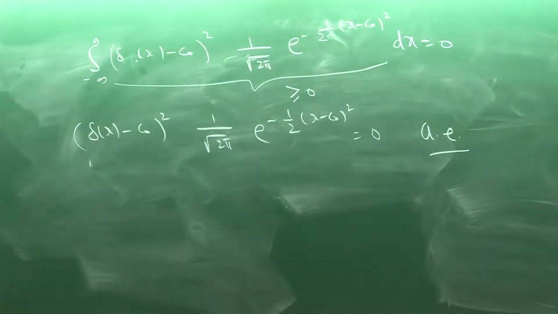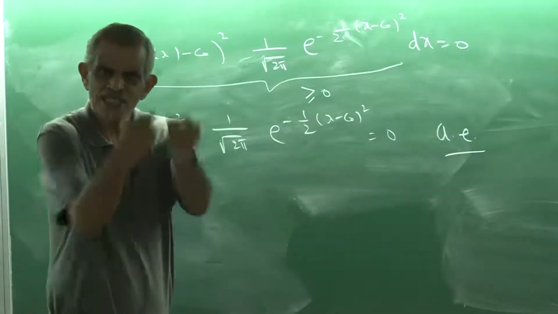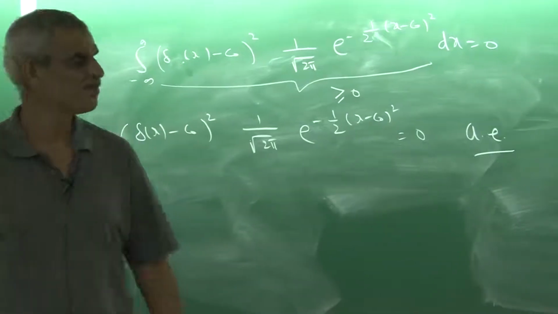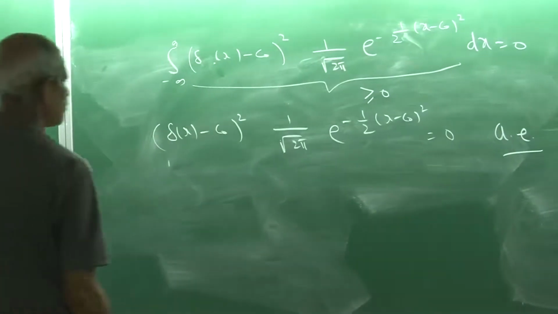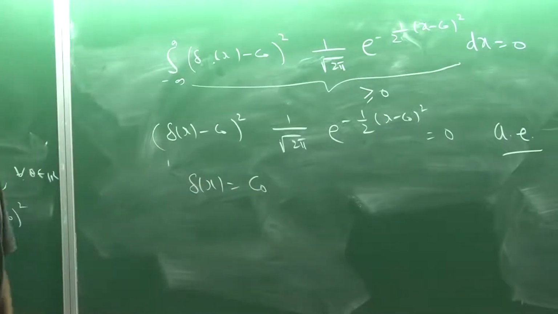Almost everywhere means the set where it is not 0 cannot contain any interval. So what does that mean? That means delta(x) equals c0 almost everywhere.